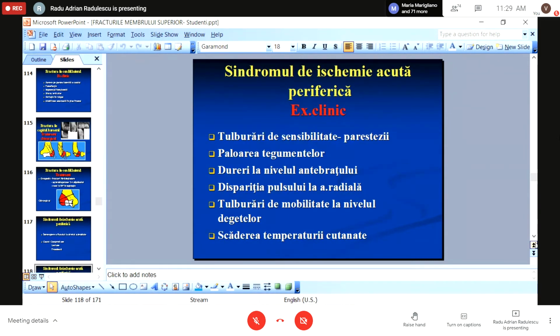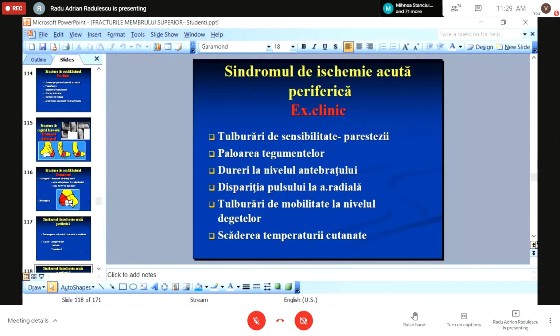When the blood flow is interrupted at the beginning, the patient will have some paresthesias, which must orient the patient to go to the hospital immediately.